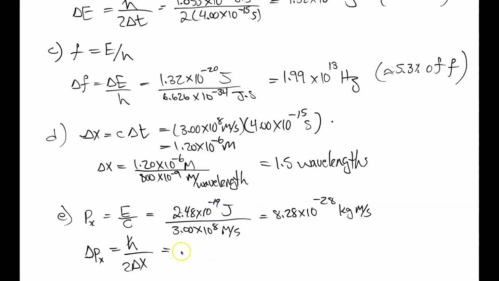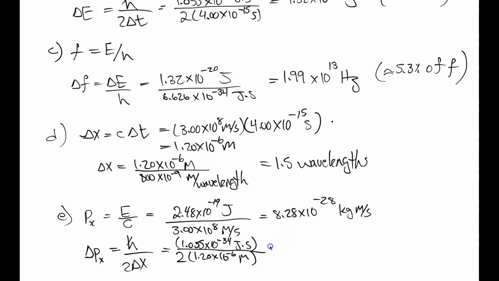Everything else should follow. h bar is 1.055 times 10 to the negative 34 joules second over 2 times the uncertainty in the spatial length, which is 1.2 times 10 to the negative 6 meters.